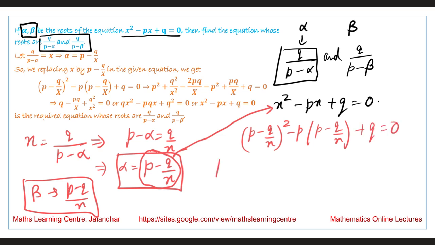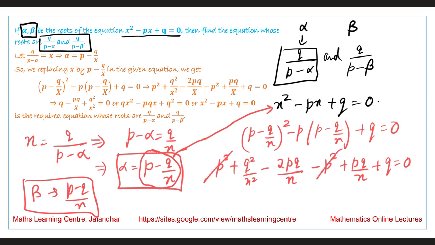On opening the whole square, we obtain p square plus q square by x square minus 2pq by x, then minus p square, then plus pq by x, and plus q is equal to 0. So this p square gets cancelled.